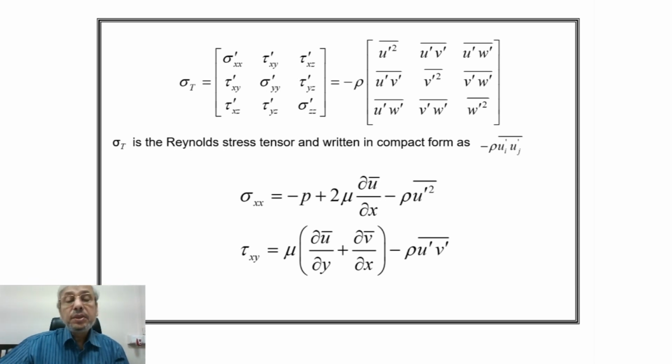So now sigma xx we can write as nu sigma xx, which includes both the molecular viscosity and the velocity gradient. Similarly, shear stress will include the contribution of fluctuating components.